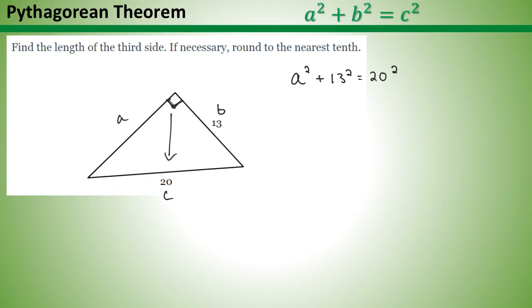Let's go ahead and square these numbers. So I have A squared plus 169 is equal to 20 squared. It's going to be 400. And then we want to get A by itself. So we're going to subtract 169 from both sides.